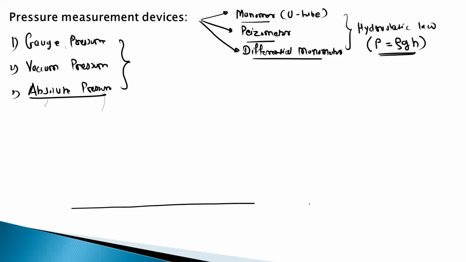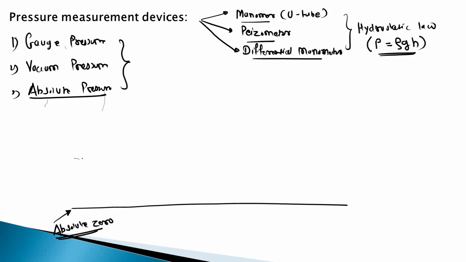There is one reference line for the pressure, and this is called the absolute zero. With respect to this absolute zero, we measure the pressure.